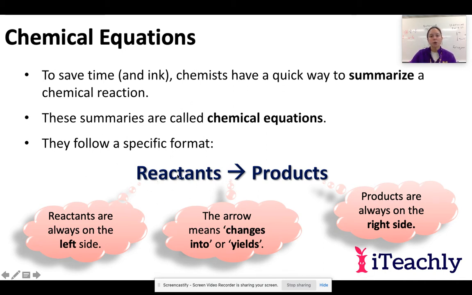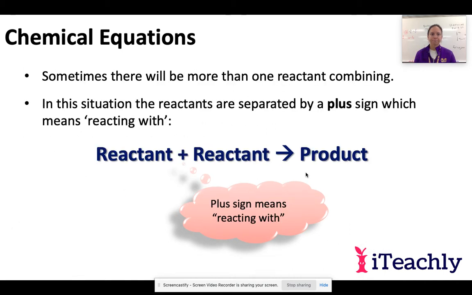Anything you start with goes on the left side of the equation. Then you put a yield sign, and that means I'm going to make, I'm going to change into, I'm going to produce, I'm going to end up with. And what do we end up with? Those are the products, and they go on the right side of the chemical equation. Again, this is just a quick shorthand expression of what's happening to the atoms and how they're rearranging themselves.